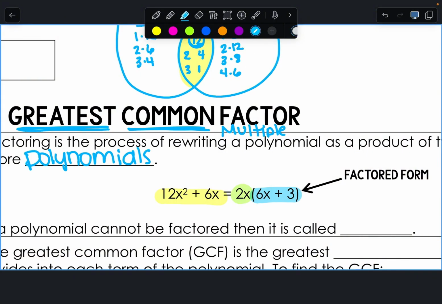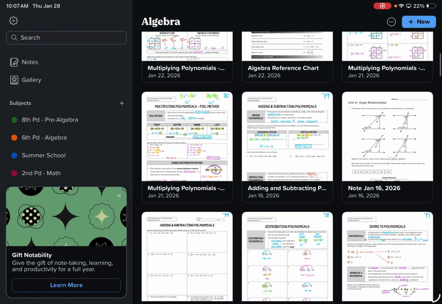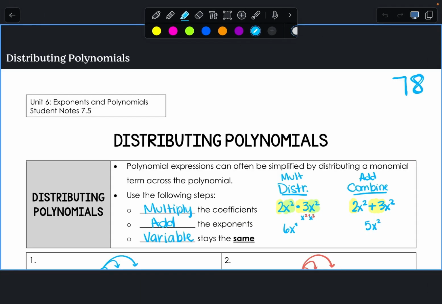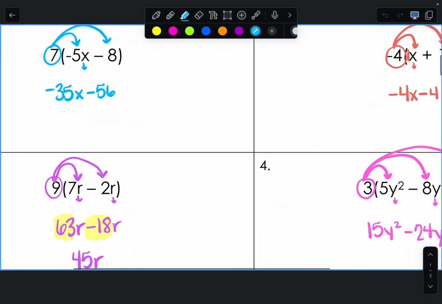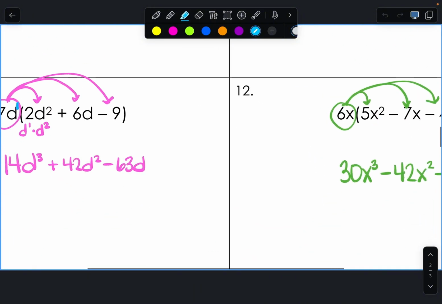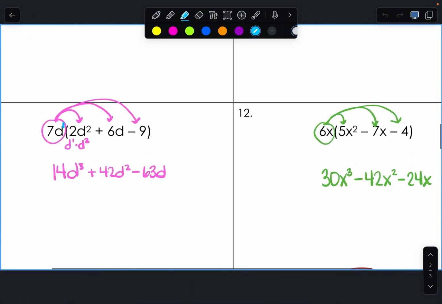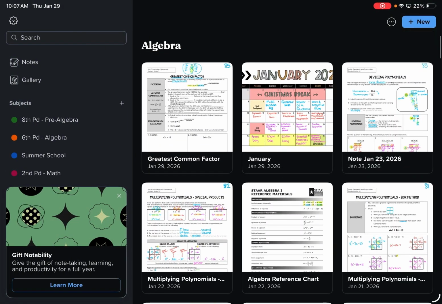In the last unit, we learned how to distribute polynomials. Remember this? We learned how to distribute a polynomial into a trinomial or a binomial. So with greatest common factor, we're going backwards.